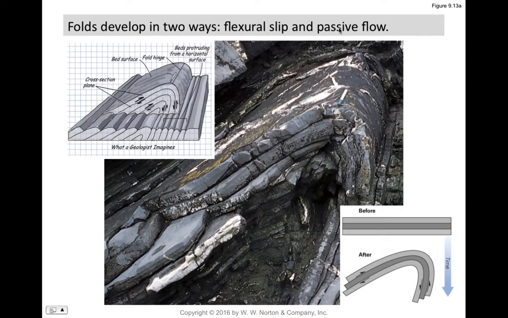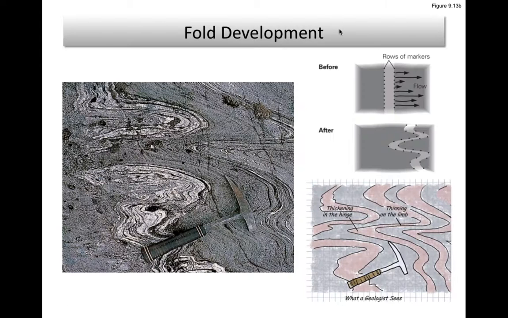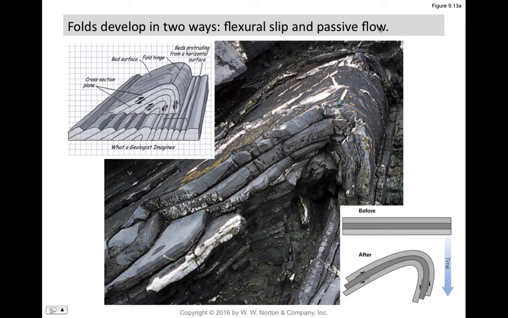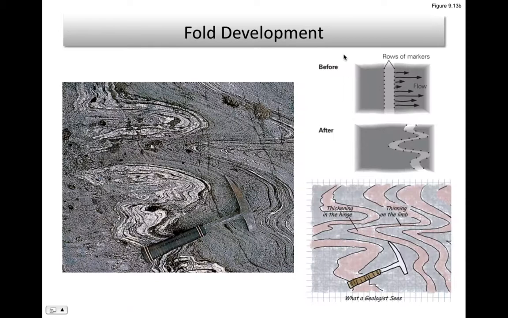For passive flow, here we need some heat. So this is probably occurring deeper down where we're seeing that ductile deformation. And the key thing here is note that the thickness of the units change, right? There's thinning of the limbs or thickening of the limbs, right? Remember, in the flexural slip, there's no change in thickness, but in this passive flow deformation or folding, we do see the change in thickness.